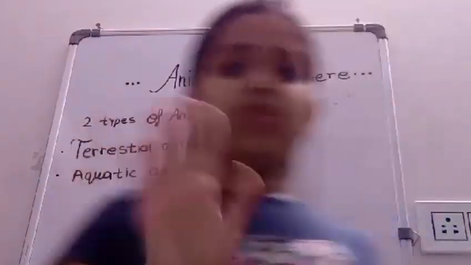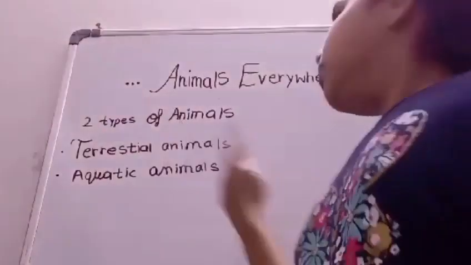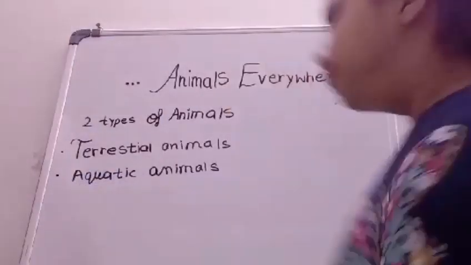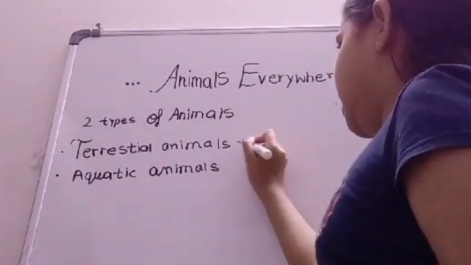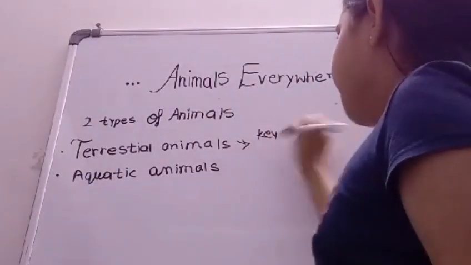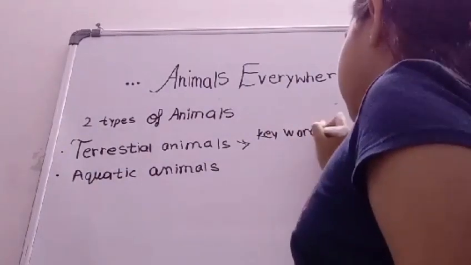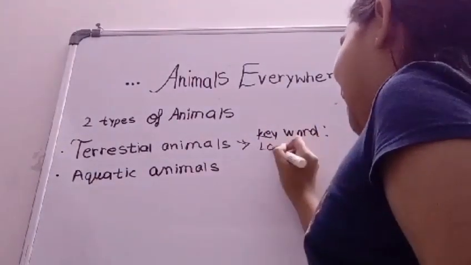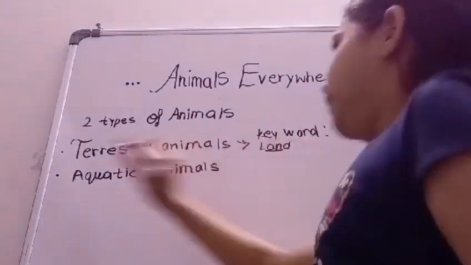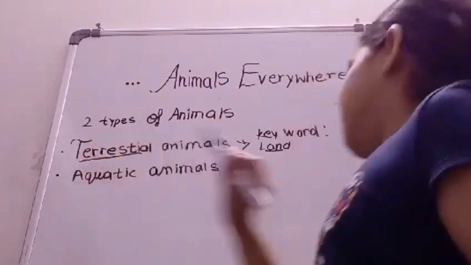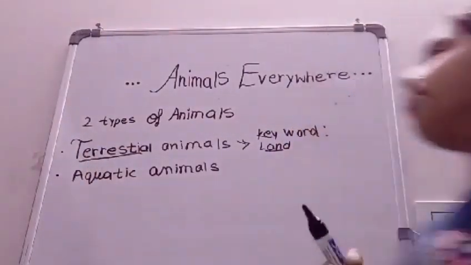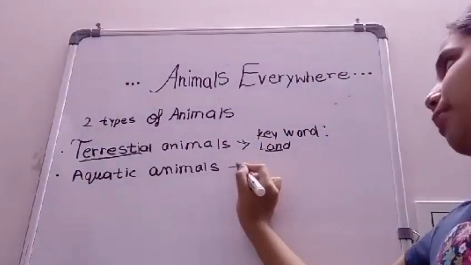These don't live in water; these live on land. So what is the keyword of this? Land. Terrestrial means land.